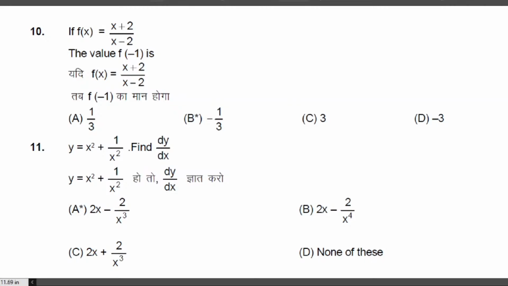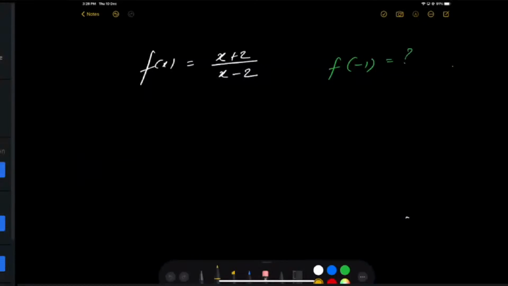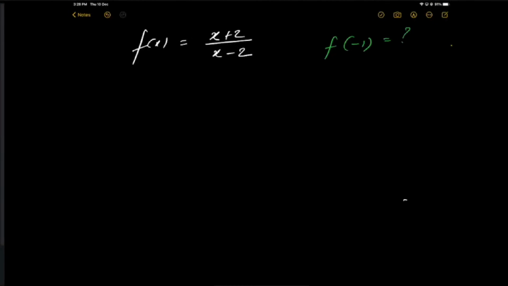Now in question number 10, he has given one function. F of x equals x plus 2 by x minus 2. Find the value of f of minus 1. It's a very simple question. So I'm going back to the pad.